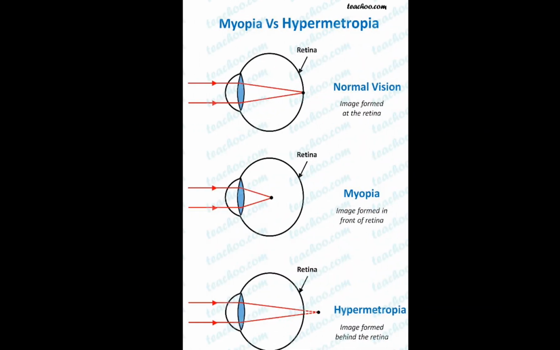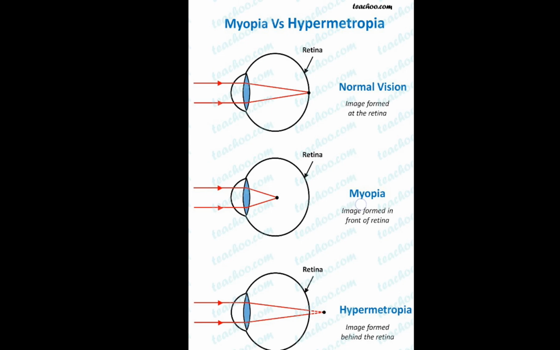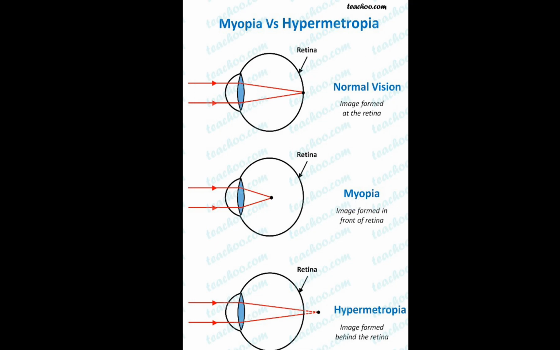Then this is an image showing myopia versus hypermetropia. In normal vision, the image is formed at the retina, and in myopia, the image is formed in front of the retina. Myopia is due to long eyes, so the image is formed in front of the retina. The rays are converged before the retina.